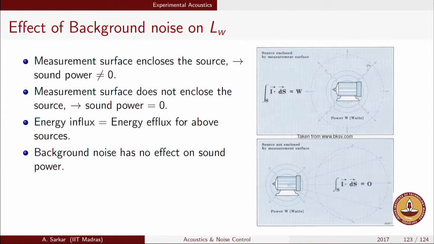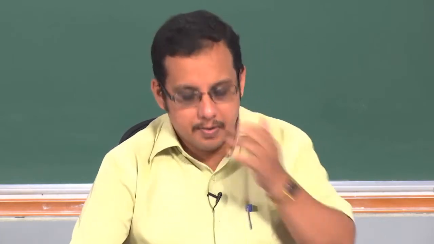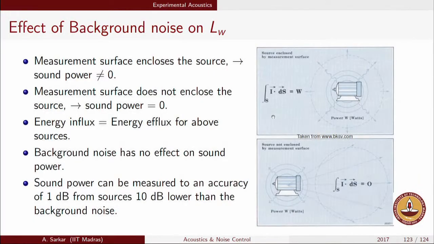So, what you are going to read off is only the sound power due to the source of your concern. This is a very important aspect in sound power measurement and estimation, which makes it very handy in the noise control domain to estimate in the presence of various realistic background noises. You can imagine in a factory setting it is not possible to take a measurement where all other machines have to be shut down and only the machine of your interest is measured.